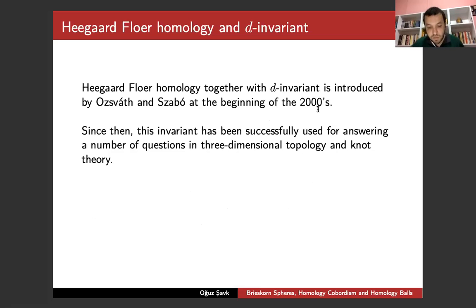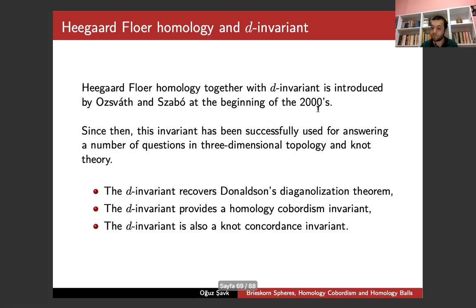Heegaard Floer homology, as well as the d invariant, was introduced by Peter Ozsváth and Zoltán Szabó at the beginning of the millennium. These invariants and the corresponding homology have been used to answer lots of questions in low-dimensional topology. Why is this invariant important, why do we care about it?